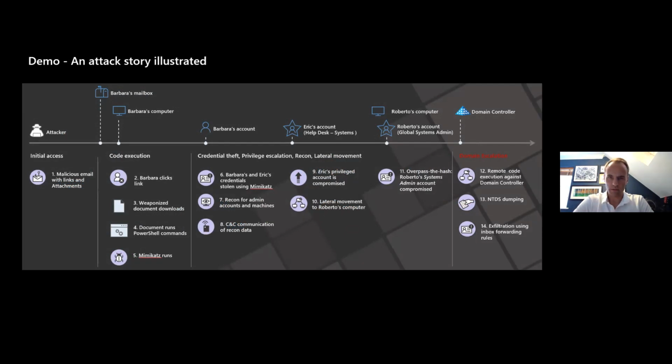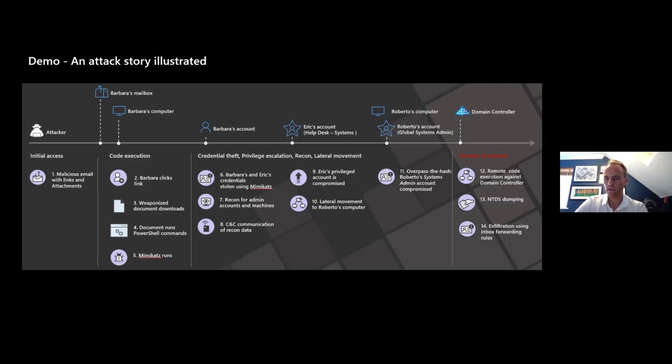Similar to the attack kill chain that we saw earlier on, we'll look for that initial access, alerts and incidents through things like emails coming into the organization. We'll then move across, once we've identified that there's possibly been a malicious email that's come through, and a user called Barbara has clicked on the link, that then fires off a weaponized document to run some PowerShell commands.